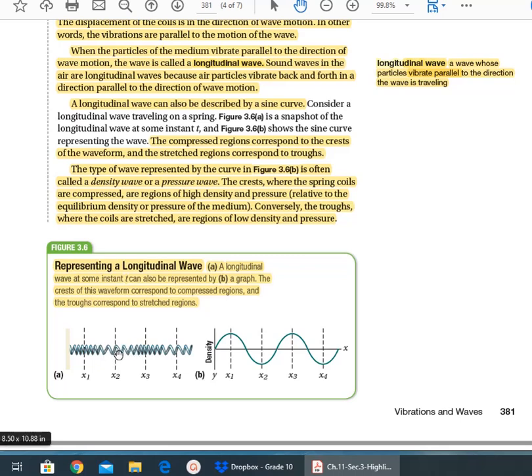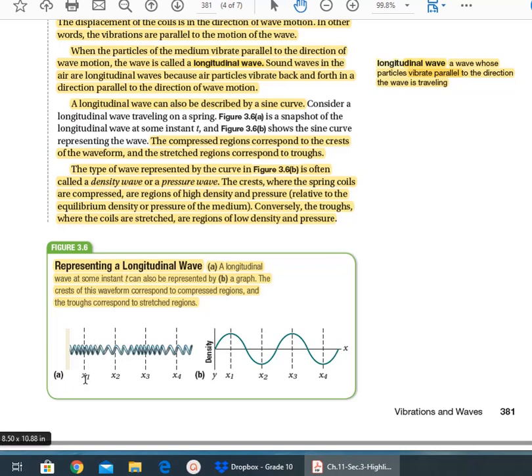They do not have the same amount in the same space. So to represent the longitudinal wave, the x-axis will represent the equilibrium position one more time, and the y-axis will be represented by density, to show greatest density and least density.